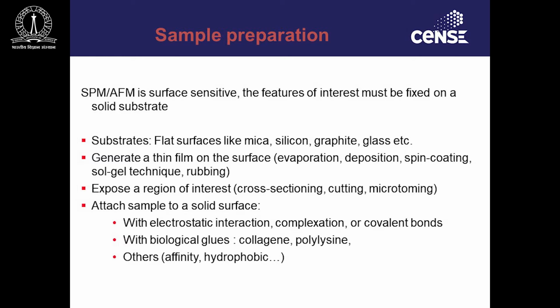The surfaces can be mica, silicon, graphite, glass. There are many other possibilities here, but the thing to be understood is this: it should be fixed on a solid, sturdy substrate. Then you can have depositions on the surface. You can do it using many techniques: evaporation, normal deposition, spin coating, sol gel technique, rubbing, everything.